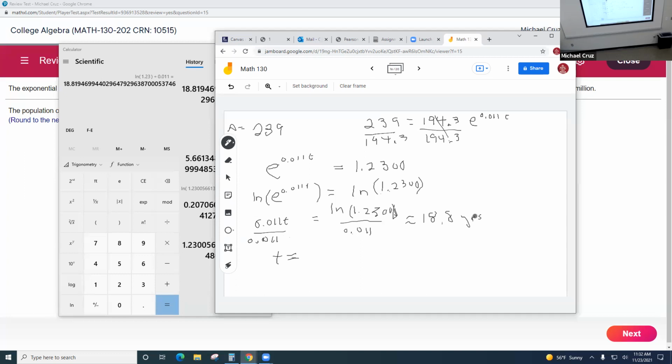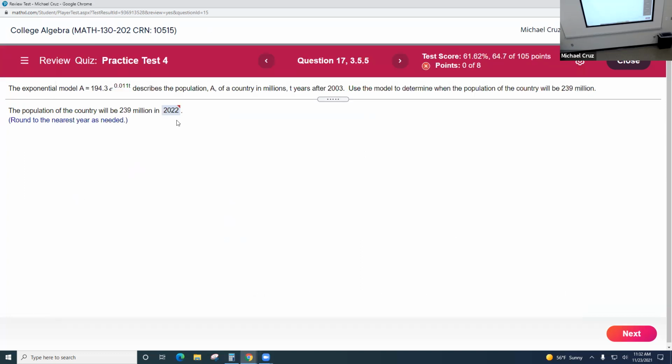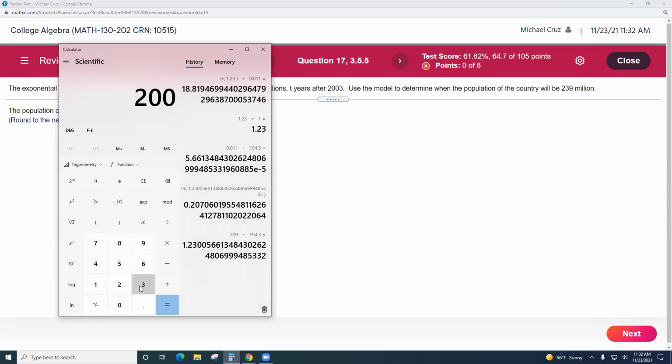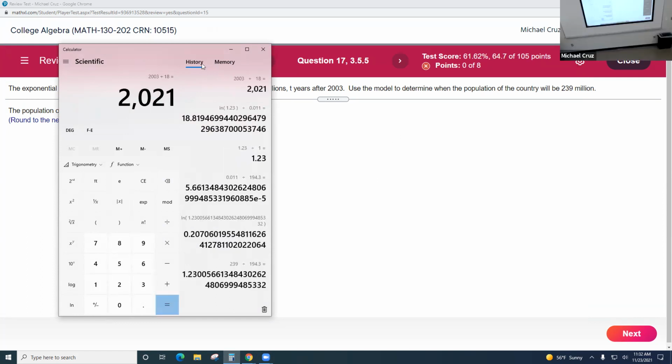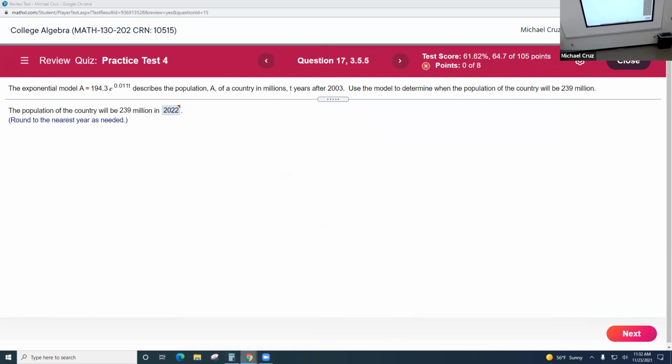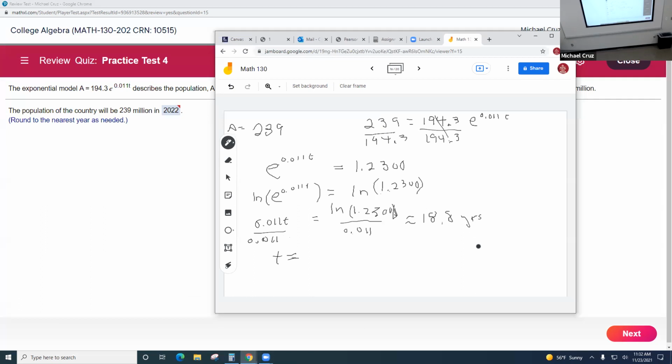All right, which means what? Well, it's 2003 plus 18.8 years, so it's 19, approximately 19.